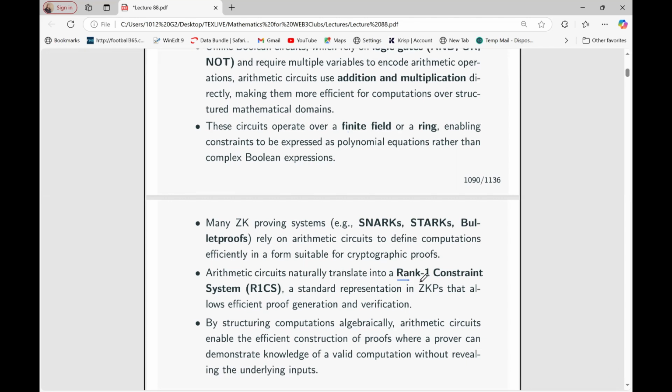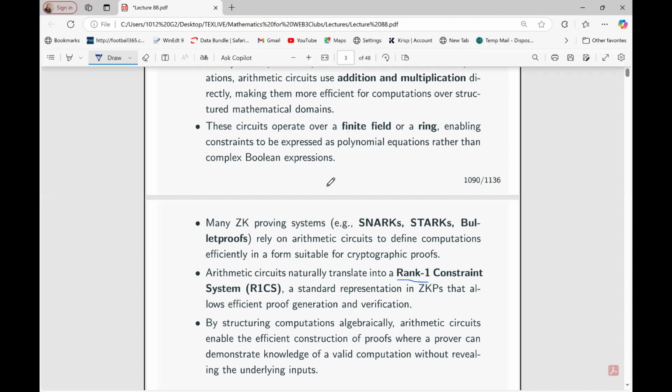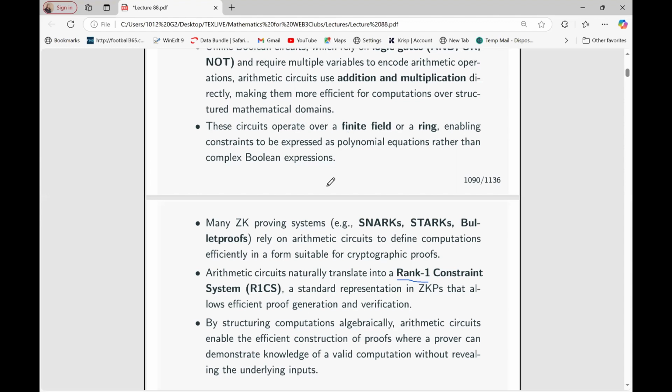We shall be looking at rank 1 constraint. That will be the next topic. And once you've done the arithmetic circuits and you've done the rank 1 constraint, you are now comfortable to write zero knowledge proofs and verify computations in zero knowledge proofs.